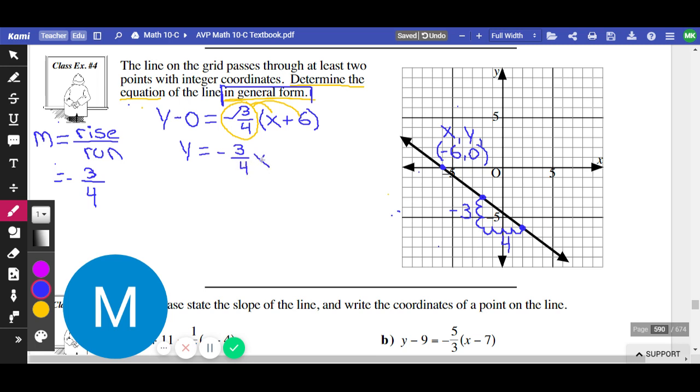But -3/4 times 6 is a little bit trickier. In your calculator, I would go bracket, -3/4 bracket, so the fraction's in brackets and your calculator knows it's a fraction. Then I'd say times 6.